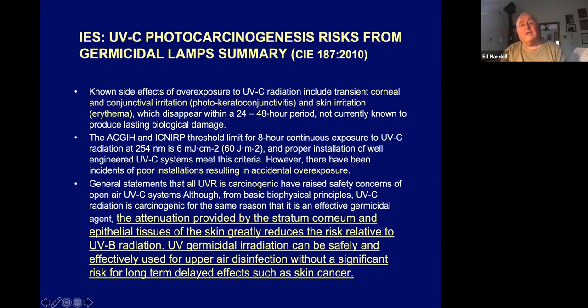There are official documents on this from the International Illumination Society, and this points out that because UV is absorbed in the outer dead layer of skin, UV germicidal irradiation can be safely and effectively used for upper air disinfection without a significant risk of long-term delayed effects such as skin cancer, and the same applies with eye irritation. There's no reason for it to happen. It is not a concern.